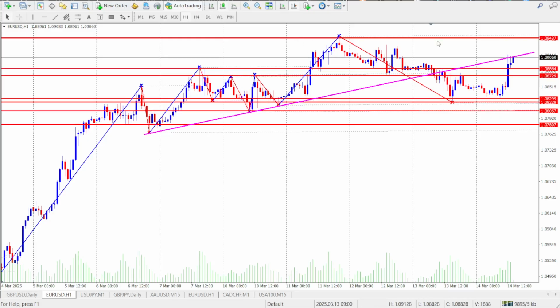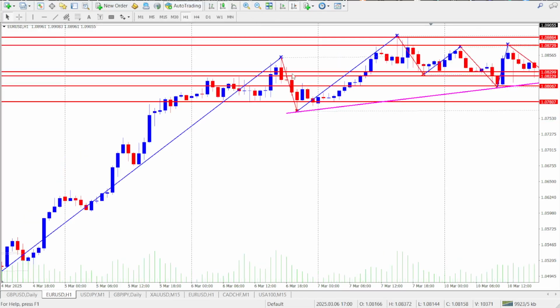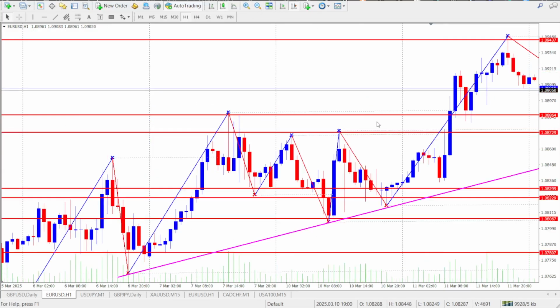Static support are the horizontal support levels, by the way. So you can wait for a pullback to a support level and then look for a bullish signal to enter long, maybe a bullish candlestick pattern. For example, you can see this pin bar that formed here, this hammer. So this would have been a good place to enter a buy trade.